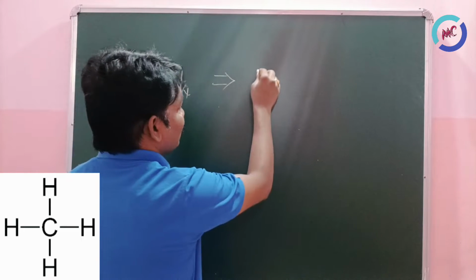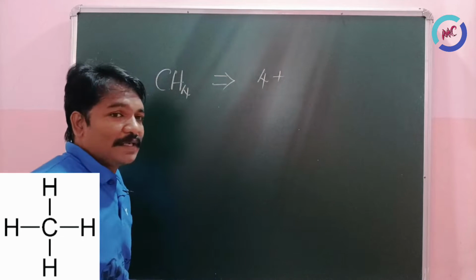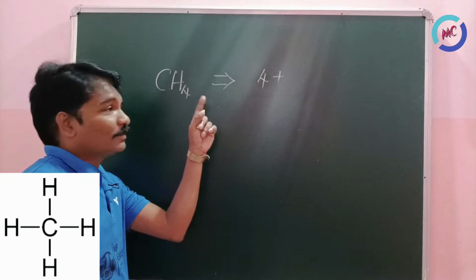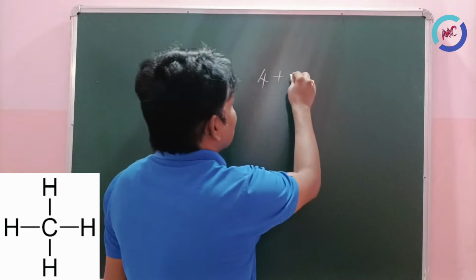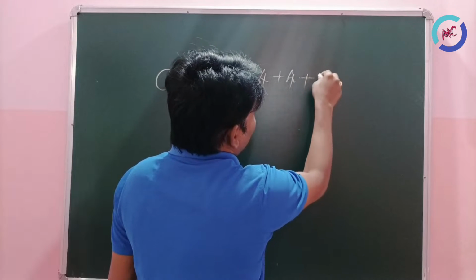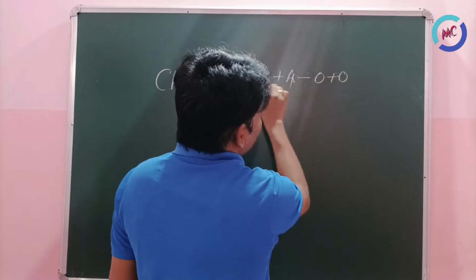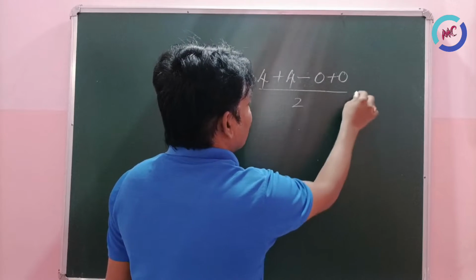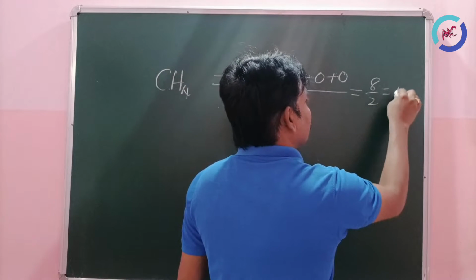Number of valence electrons in carbon, that is 4, plus number of monovalent side atoms, there are 4 monovalent because hydrogen is monovalent. There are no positive charges and negative charges, that's why I am writing 0 plus 0, by 2. 4 plus 4, 8. 8 by 2 is equal to 4.